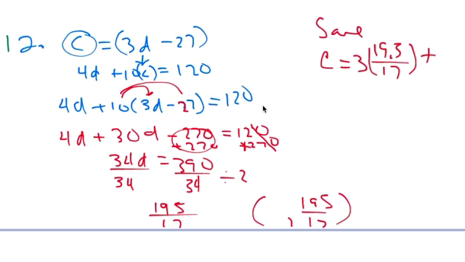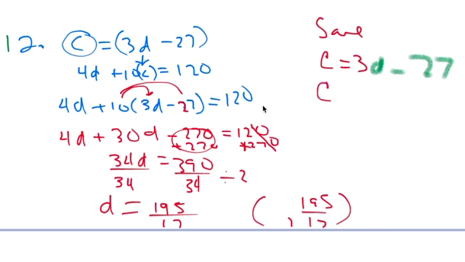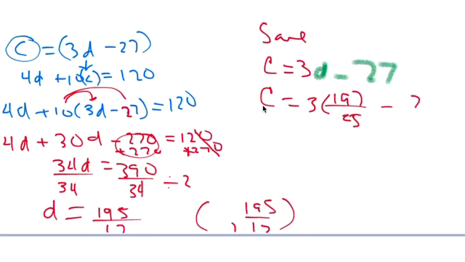Well, which one did I say? Gosh, I'm having a hard time because I'm tired. Minus 27. That's the one I'm doing. And D is... okay, and then you solve that.